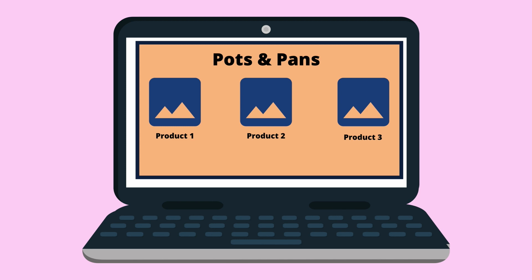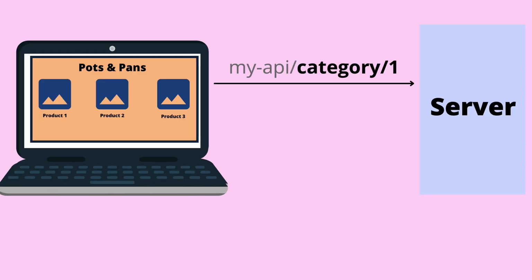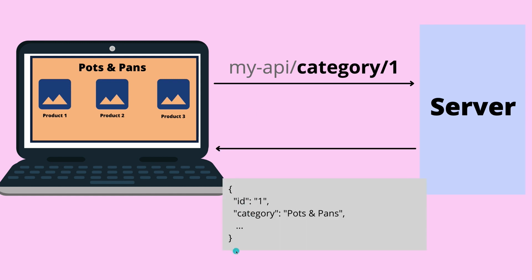So to do this inside of REST, what we might have to do is something like this. The first thing that we have to do is make a call to get the information about the category itself. So over here we have this endpoint, and we're making a call to /category/1. And this is going to give us the information about that particular category.